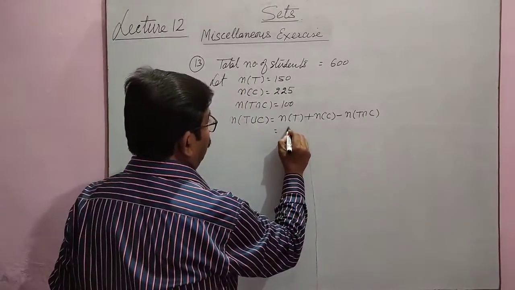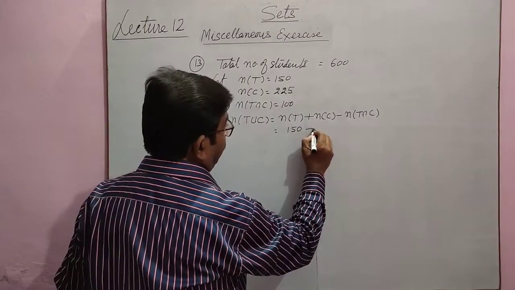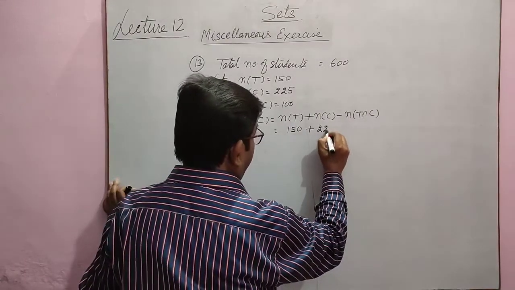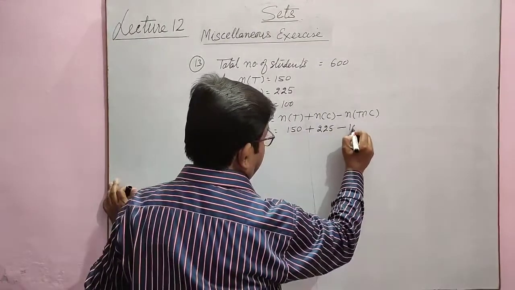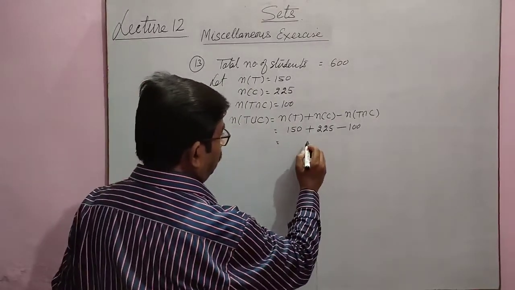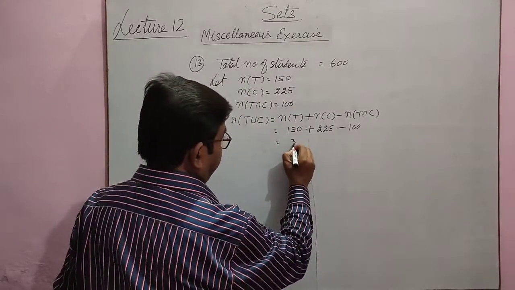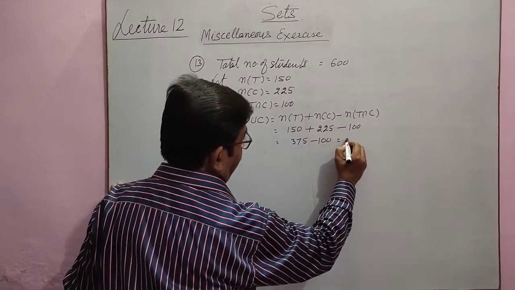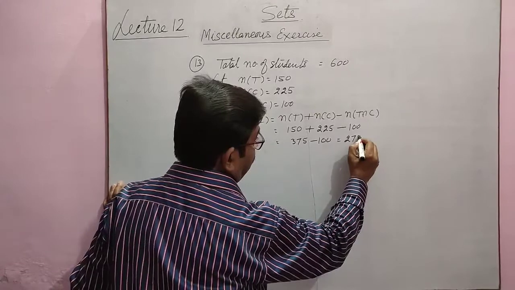We have 150 plus 225 minus 100. Add these two, what we have? 375 minus 100 means 275.